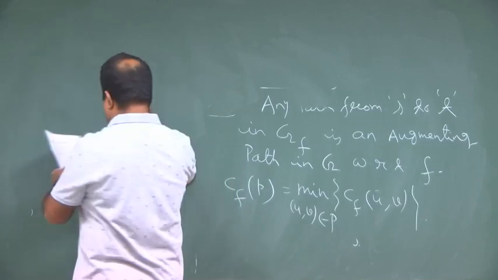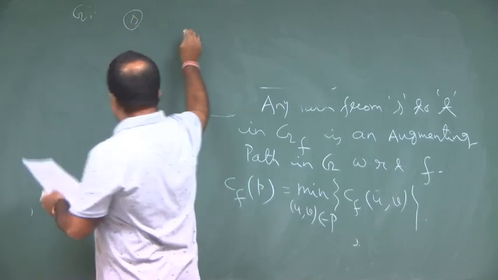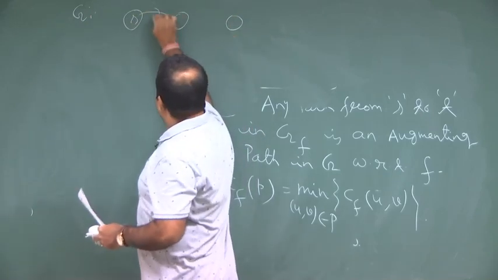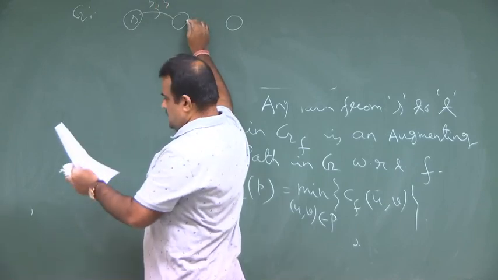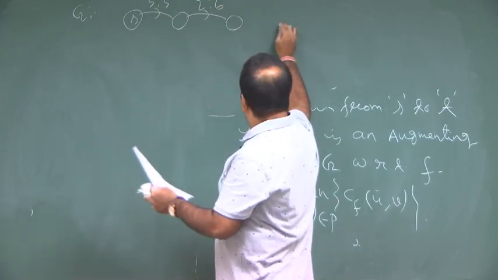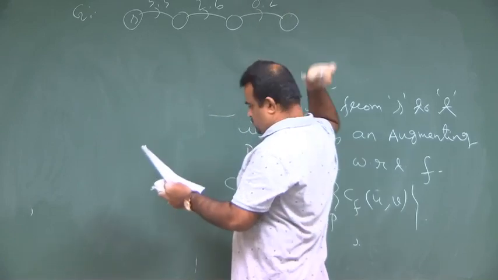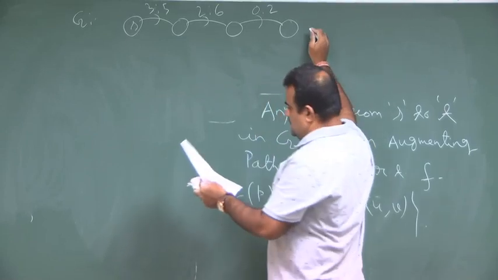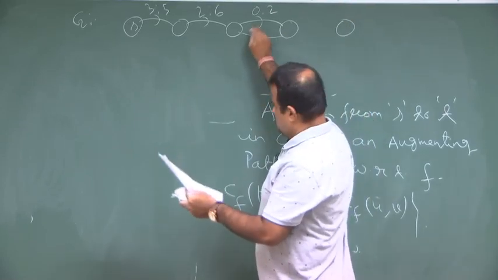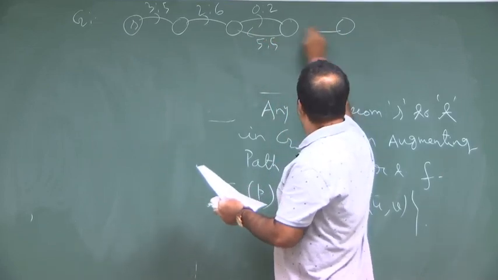Suppose in the original graph, say this is S and we have some vertices. These are the capacity and the flow: 0, 2, 5, 5.